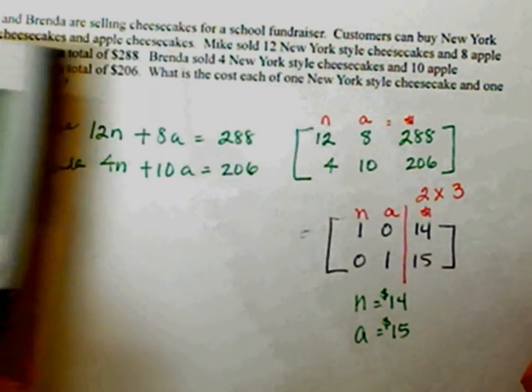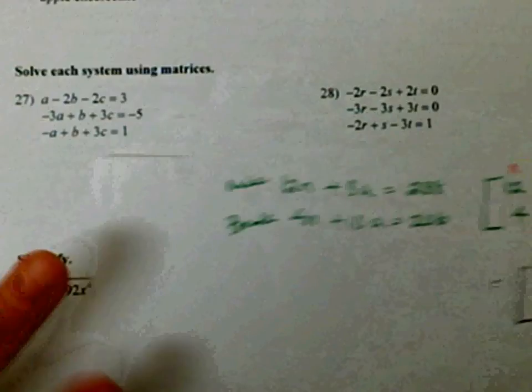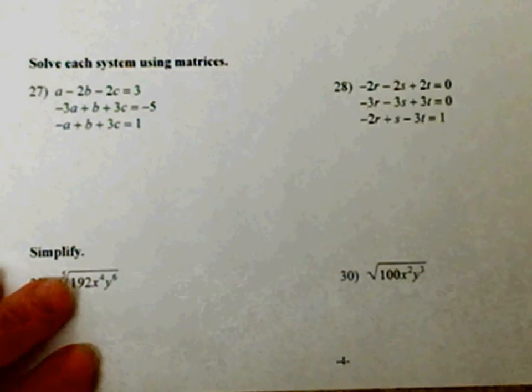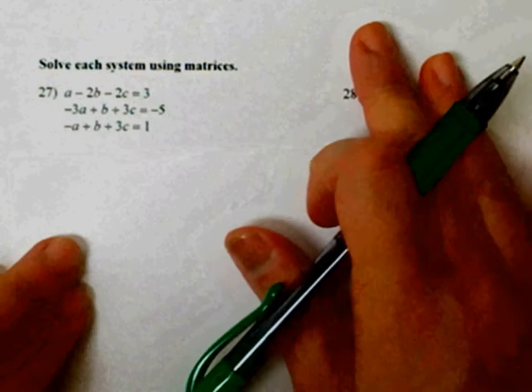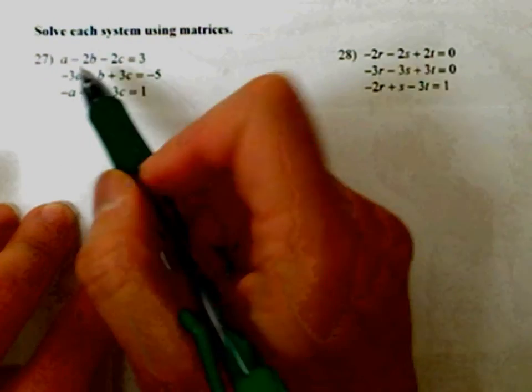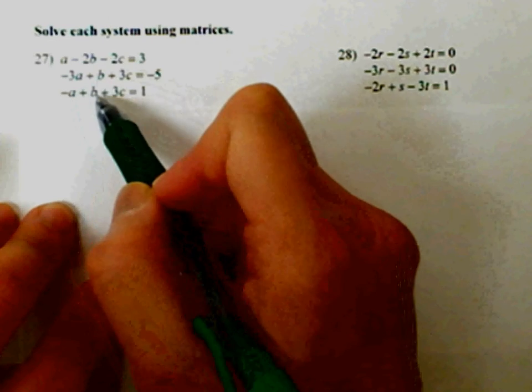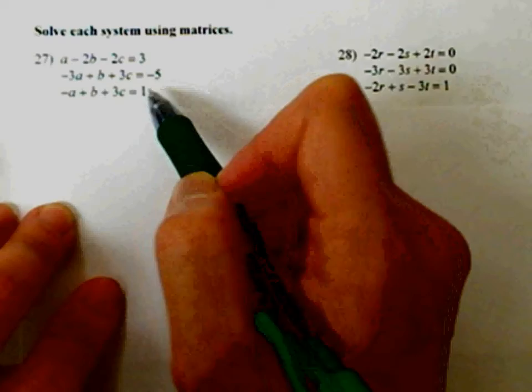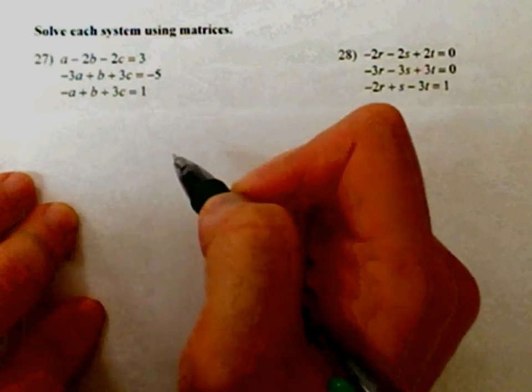Number 27. And now we are actually going to do the matrix. For number 27, before you start, make sure you look to see that they're all in a row. All my A's together, all my B's together, all my C's together, all the equals are lined up, and then all the numbers are lined up. So I don't have to move anything. So draw your matrix.